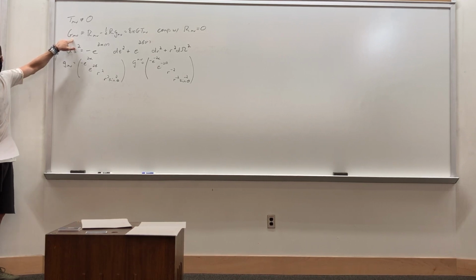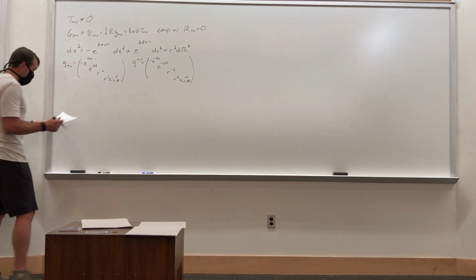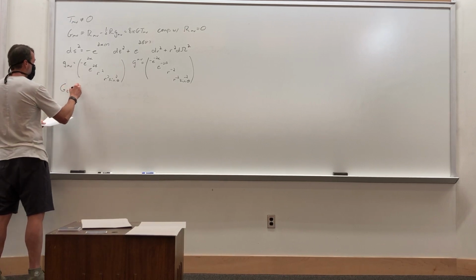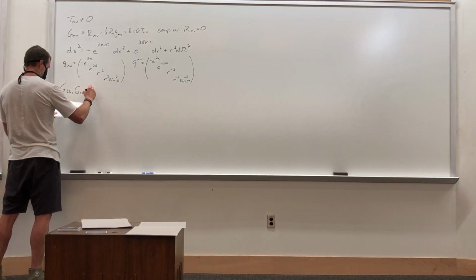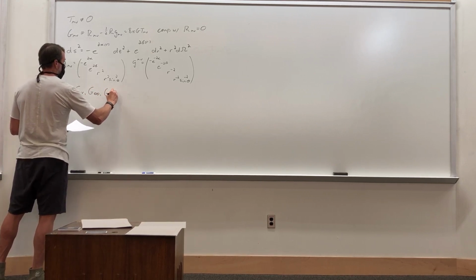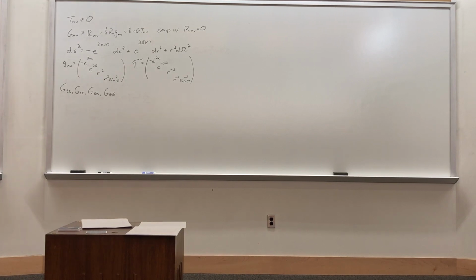So let's do that. And if we do it, what we discover is that there are only a handful of non-zero terms. It turns out that the Einstein tensor only has non-zero terms along the diagonal.